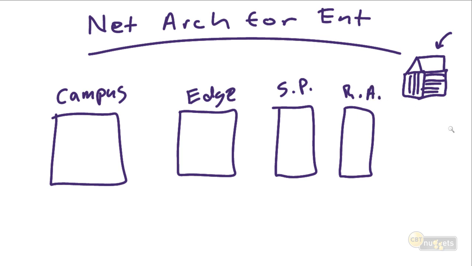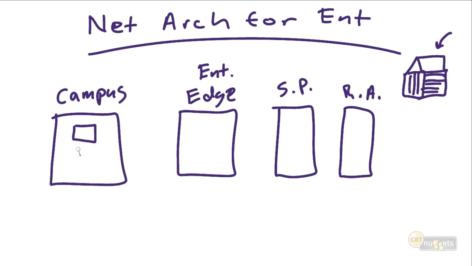So in the network architecture for enterprise, the three big chunks are campus, enterprise edge, as it's often called, the service provider module, and the remote access module. Now, guess what? We don't just deal with four modules when we design a network.